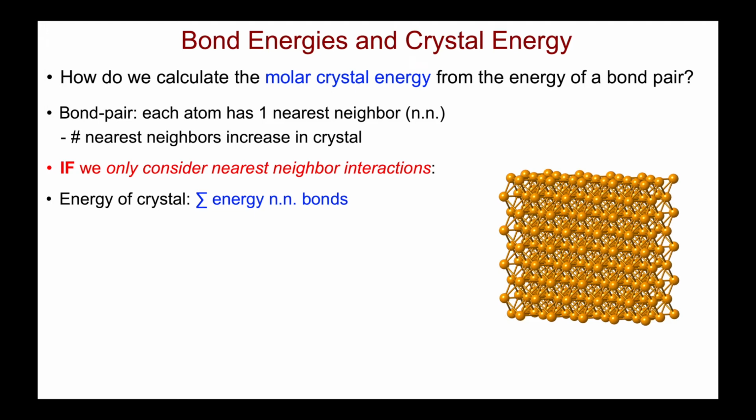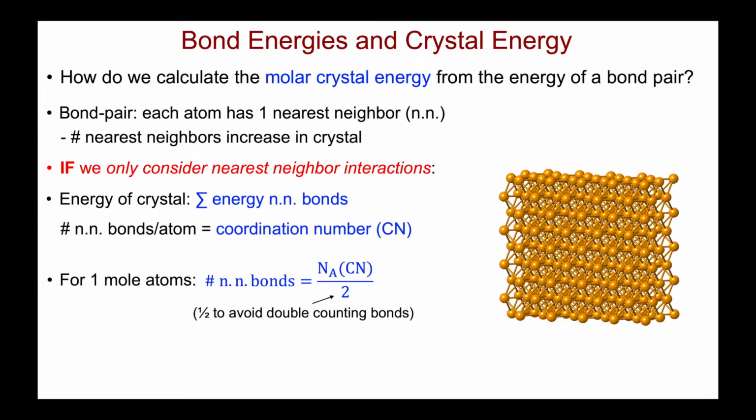Well, if we only consider nearest neighbor interactions, and that can be a big if and a fairly large assumption for some systems, but if we go along with that assumption, the energy of the crystal is just the sum of the energy of all the nearest neighbor bonds. The number of nearest neighbor bonds per atom is the coordination number of the crystal structure.